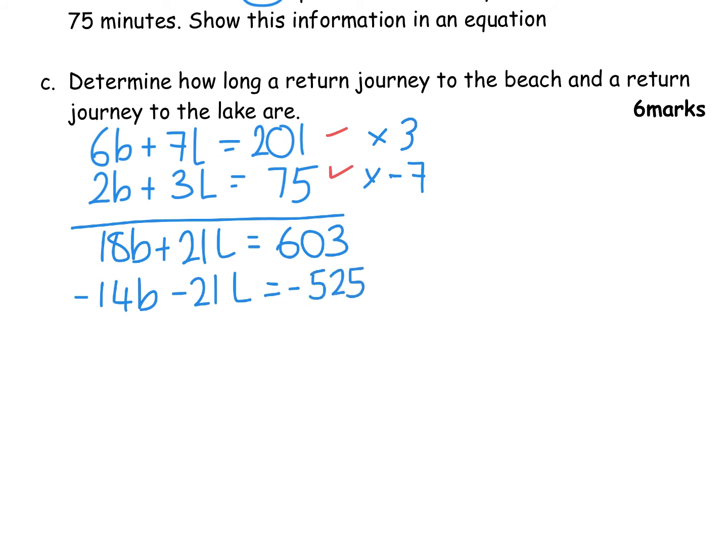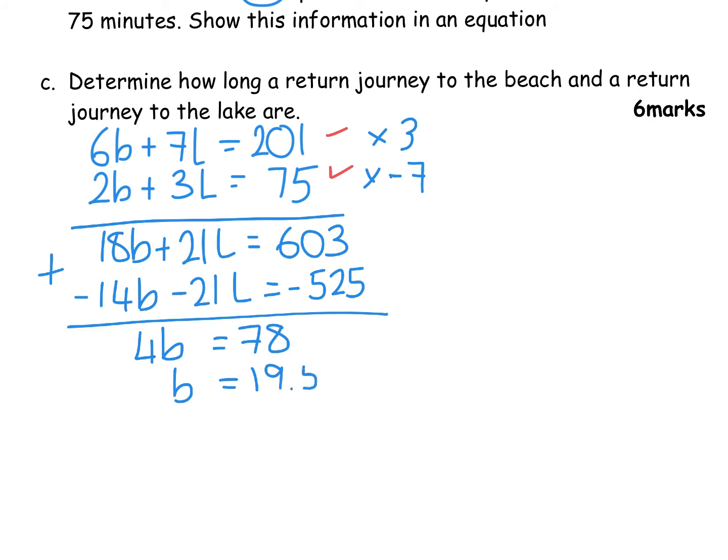And then when we add those two together now, 18 take away 14 is 4b, and 603 take away 525 is 78. And then 4 into 78 would be 19.5. Now, normally I would think, oh wait a minute, it's a decimal, but we are talking about how long a journey takes, so that's possible. So beach journey is 19.5.